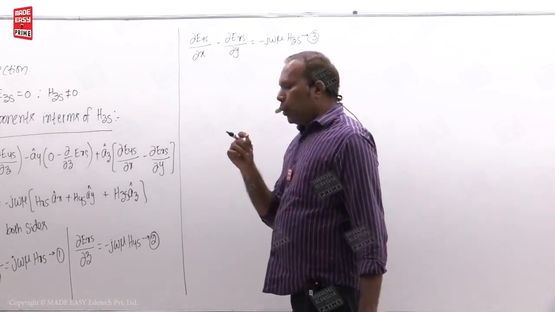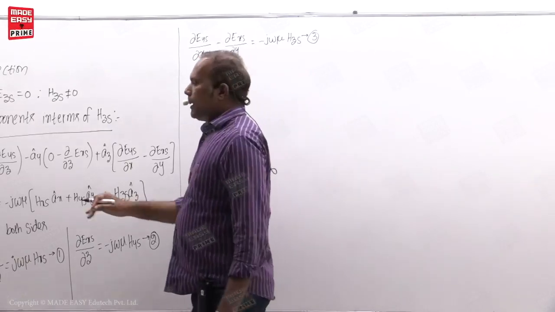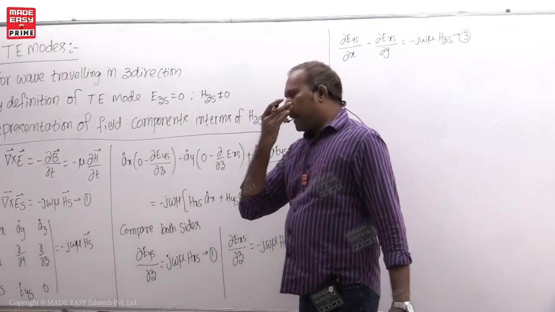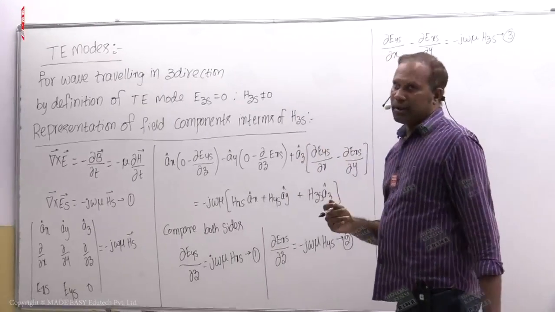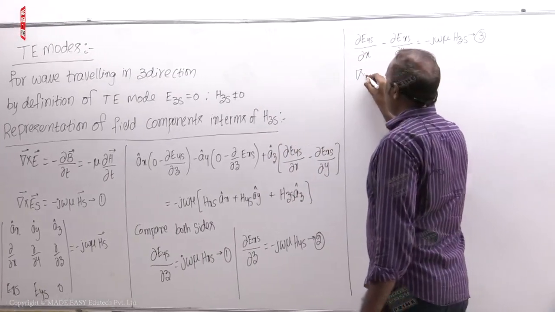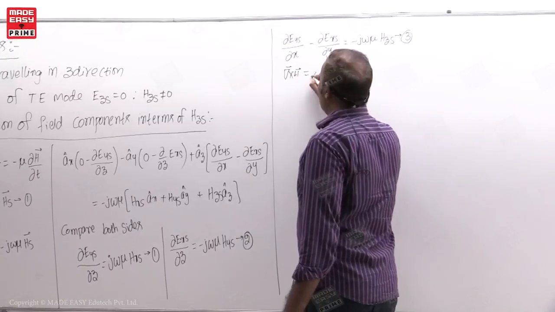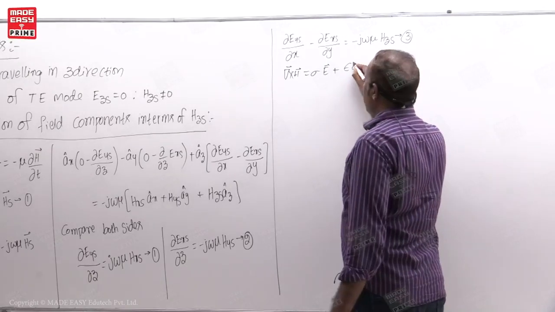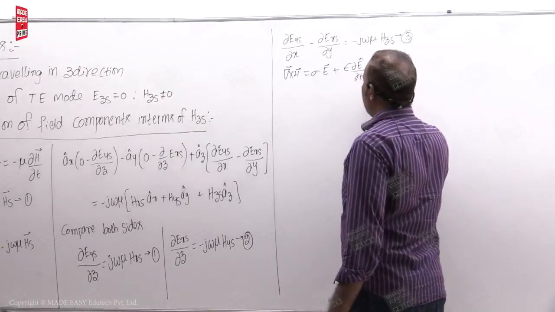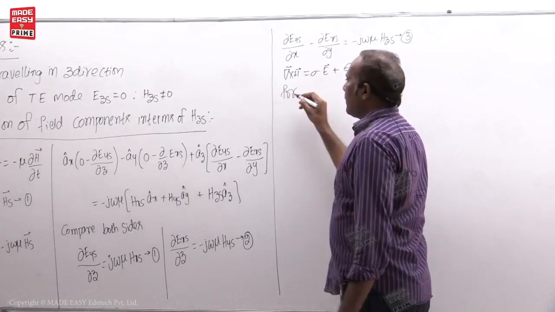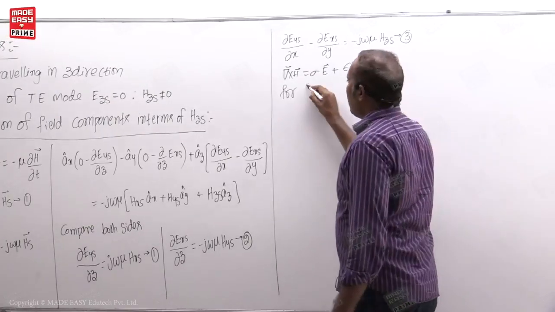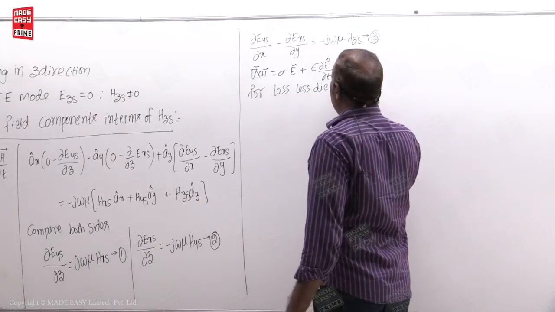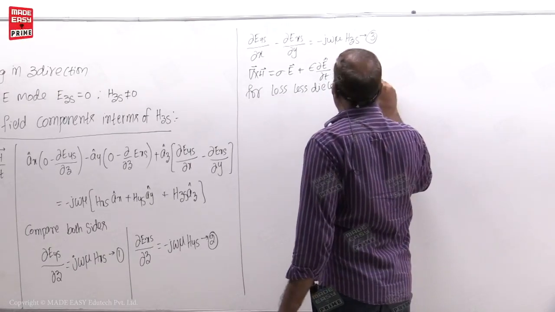Now there are two Maxwell equations. One is del cross E is equal to minus jωμ Hs. Another one is del cross H is equal to σE plus ∂D/∂t, that means ε ∂E/∂t. So students, we are solving for a lossless dielectric medium.